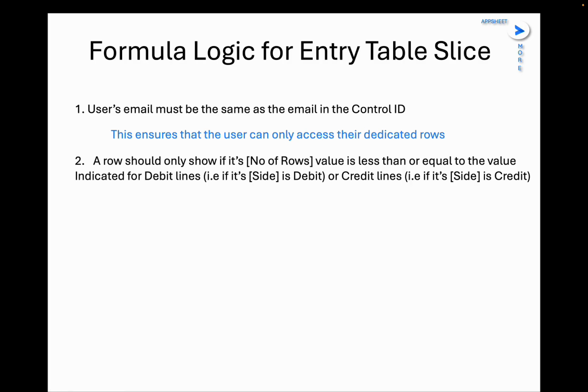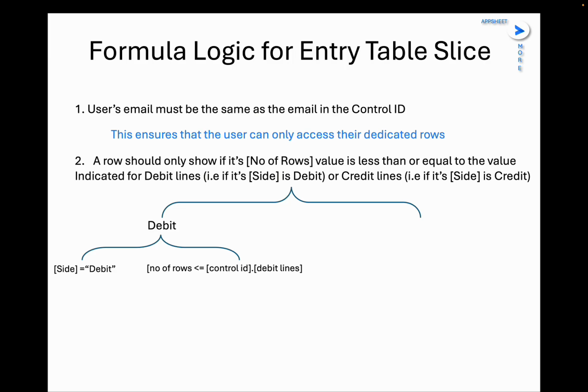Good. Okay, so in this case, there are two logics for the debit side and the credit side. So you see there's an OR because we have a logic for debit and a logic for credit. So for debits, the two logics are: one, the row side has to be equal to debit. And the second logic is that the number of rows must be less than or equal to the control ID dot debit lines.